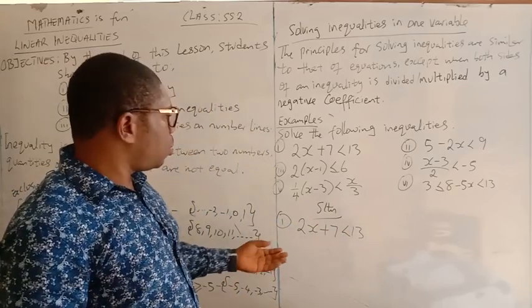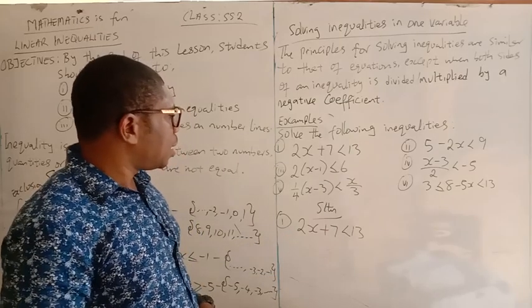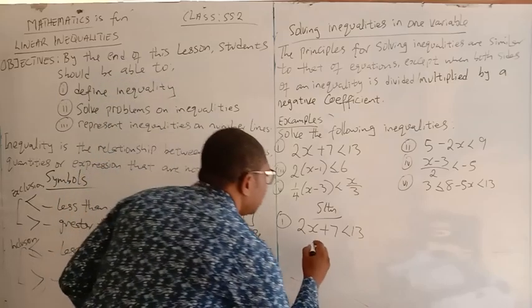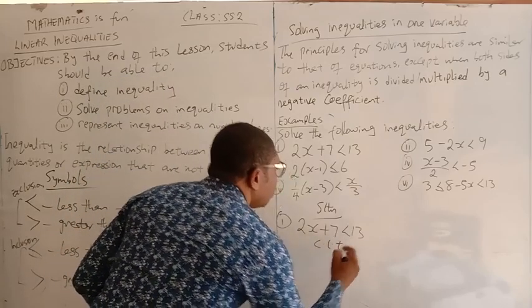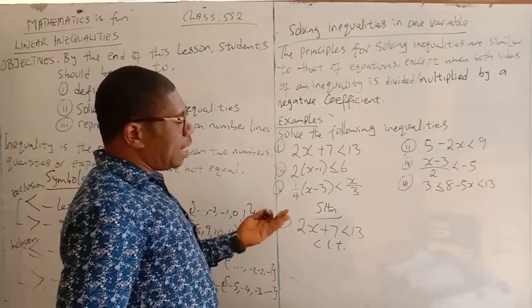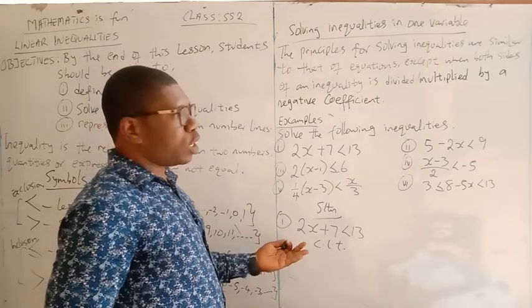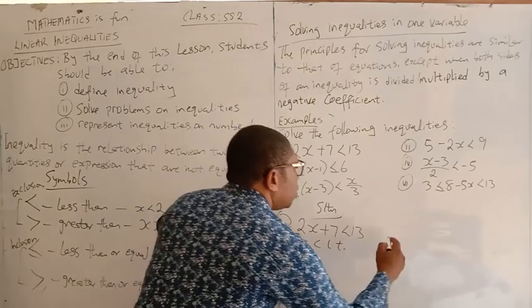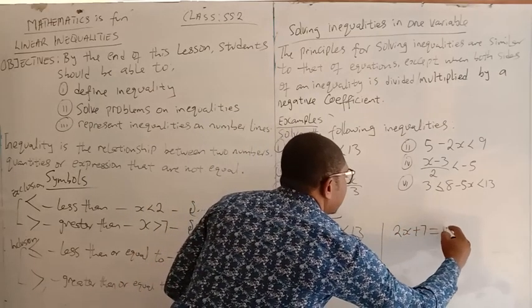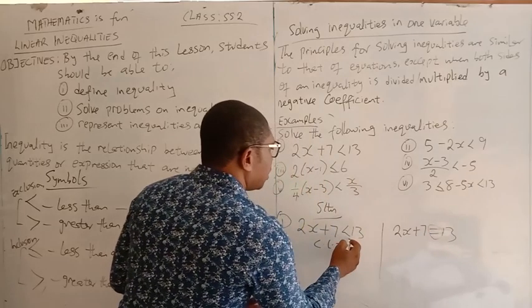The first thing we need to do here is to collect the like terms, just the same way we solve a linear equation. Assuming this is given in equation form, 2x plus 7 equal to 13. This is not the same thing as this.